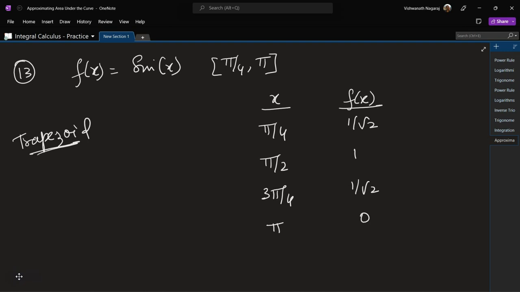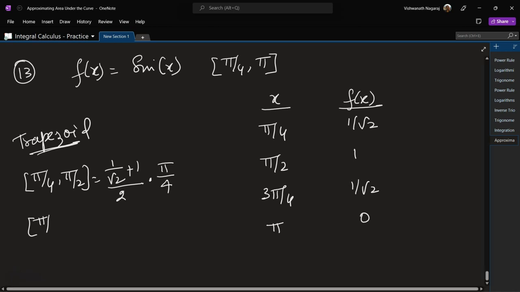method. In the interval pi by 4 to pi by 2, the area would be 1 by root 2 plus 1 by 2 times the distance between these two. And the distance between these two is what? Pi by 4.